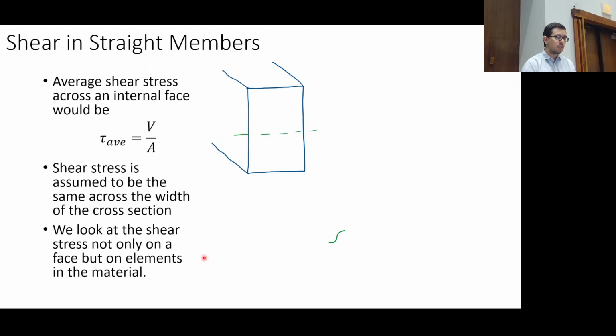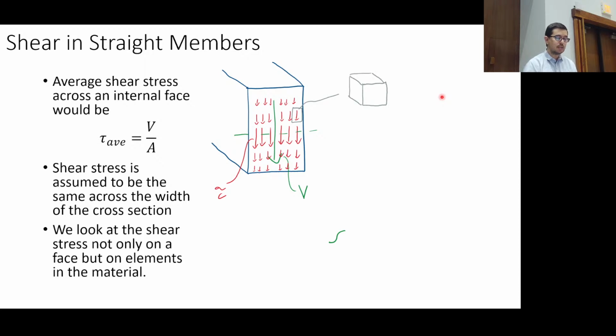And we're also going to do something kind of interesting in that we're going to take one of these elements, pop it out like this, and draw one of our shear stresses that we've been calculating here on one face.